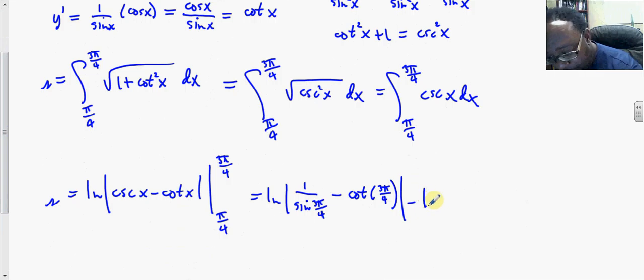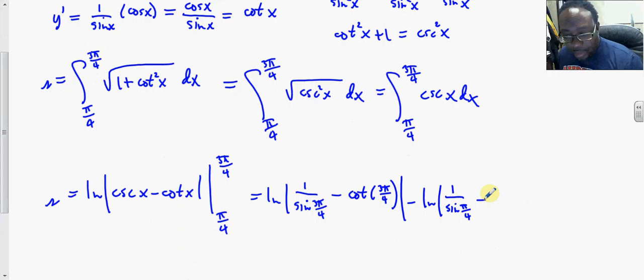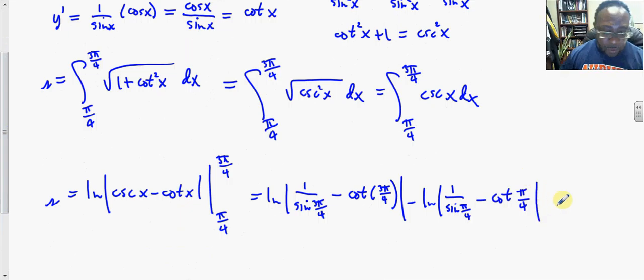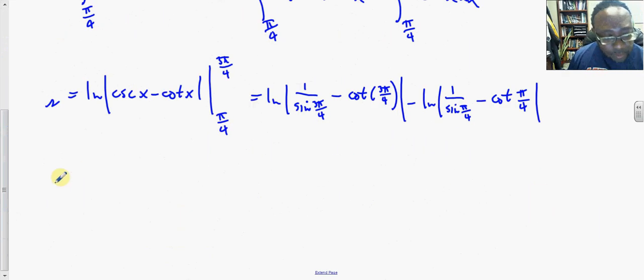then minus the natural log of the absolute value of 1 over sine of pi over 4 minus cotangent of pi over 4. So the arc length is the natural log of the absolute value.